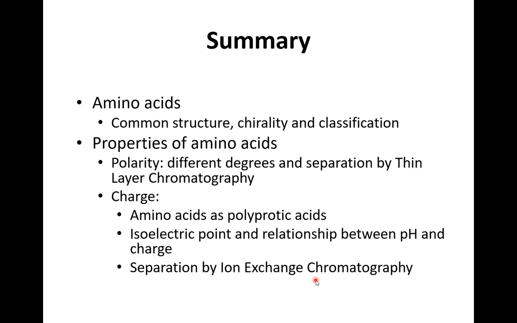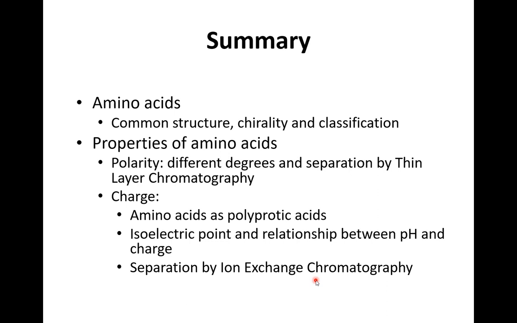The isoelectric point is that pH value that you will reach in a solution when 100% of your molecules, so your amino acid, are in the neutral form. And then we also discussed the relationship between the isoelectric point and the pH of the solution. If you put an amino acid at a pH lower than the isoelectric point, it will be positively charged; higher, it will be negatively charged.